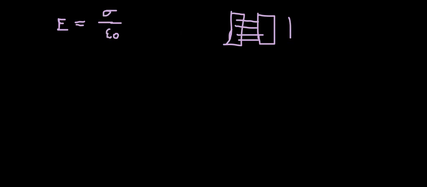Therefore, for the two plate capacitor, we are not going to write the 2. What is the sigma value? Sigma is equal to the surface charge density, nothing but Q by area, charge per unit area. Now this electric field E can be written as Q per A epsilon naught.